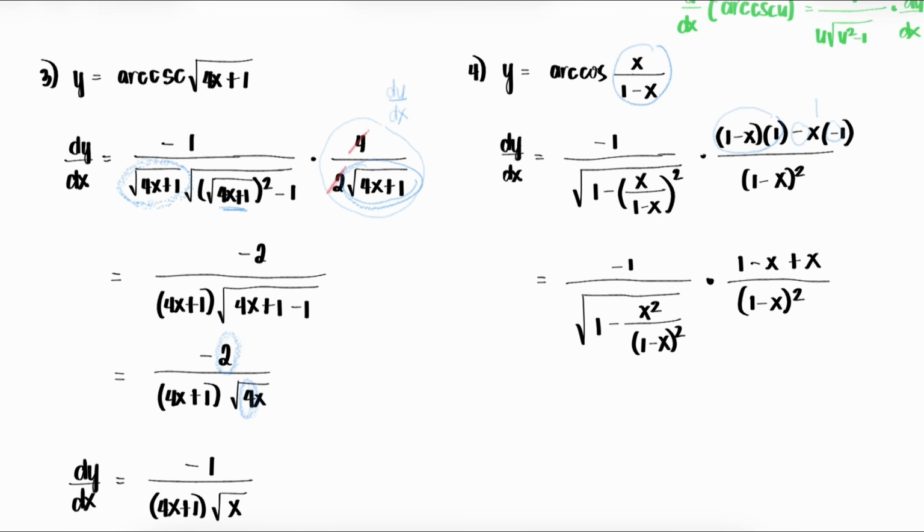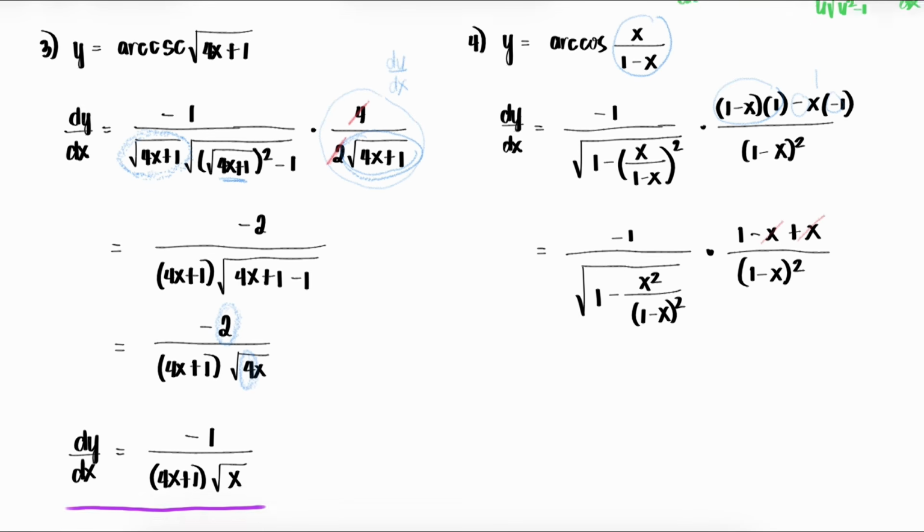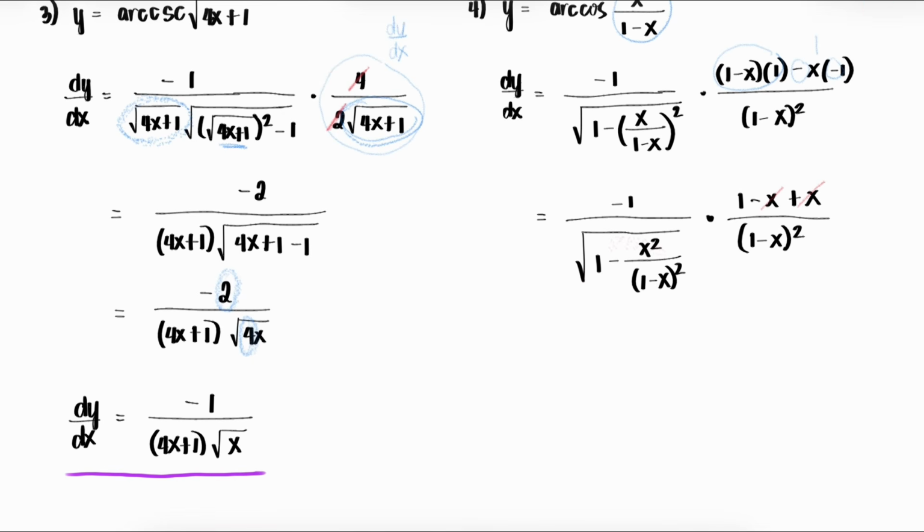Of course, we will be able to cancel our x here. So simplifying further, this part here, we're going to combine these. Okay, so the LCD is 1 minus x quantity squared. So we have negative 1 divided by the square root of 1 minus x quantity squared minus x squared divided by 1 minus x quantity squared, times 1 over 1 minus x quantity squared.